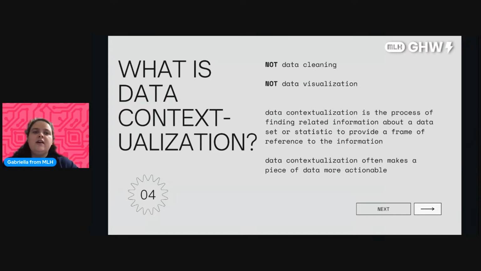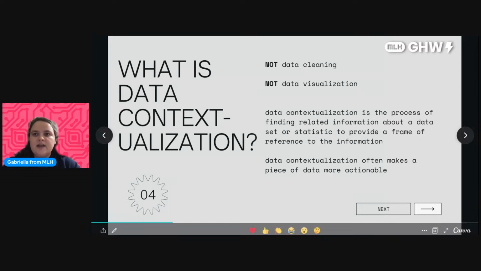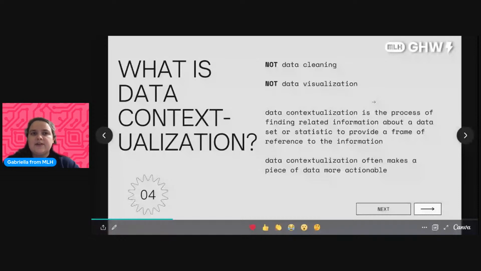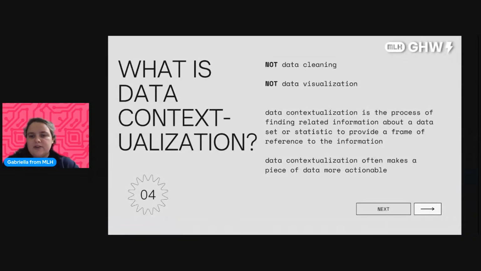So essentially, you're taking relevant information, whether that be cultural, historical, demographic, or just about the data set itself, and putting that with the data so that readers are able to understand a little more about the data set or statistic and how applicable it can be to the world around them or their community.